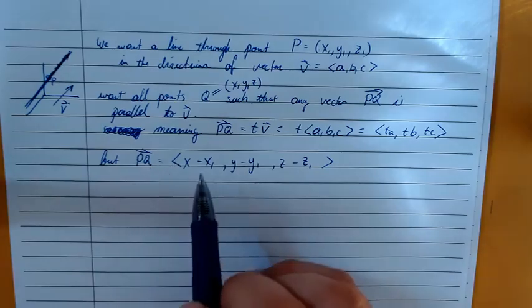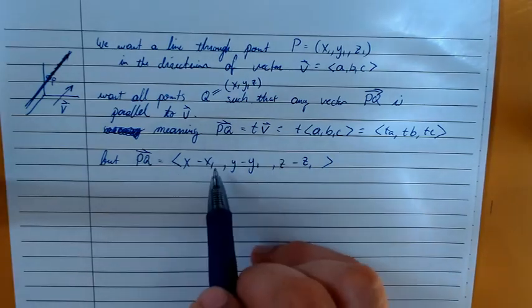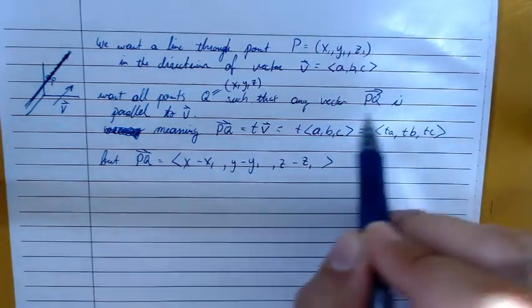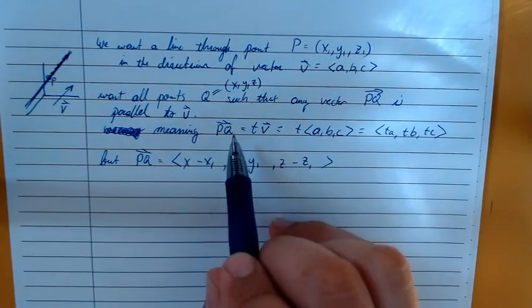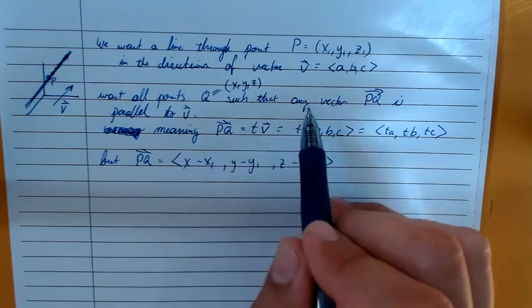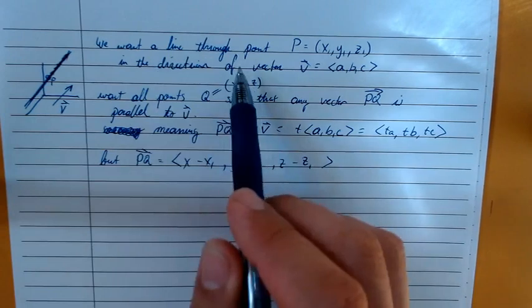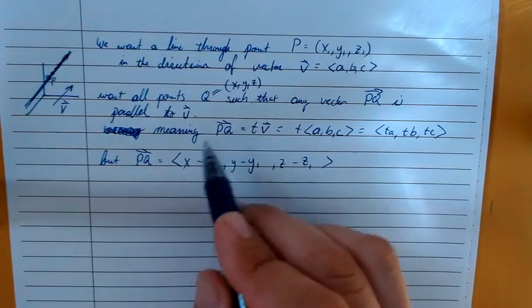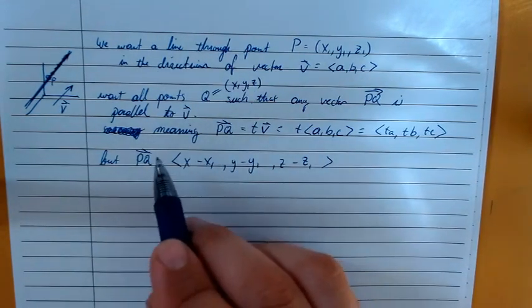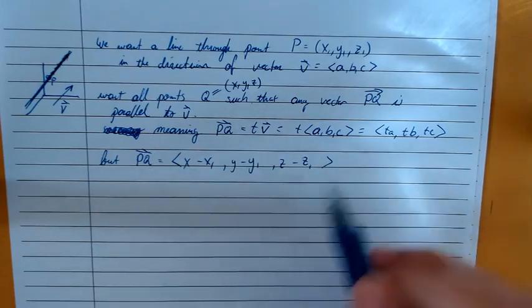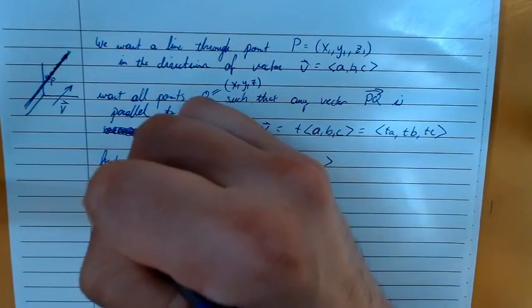So this is one way of expressing PQ because it's literally how you write a vector from P to Q. But this is how you write PQ giving me the conditions that I want. I want PQ to be parallel to this vector V. That fits the description in the direction of that vector. Okay, so if both of these describe the vector PQ, shouldn't these two be equal to each other? Okay, so let's do that.